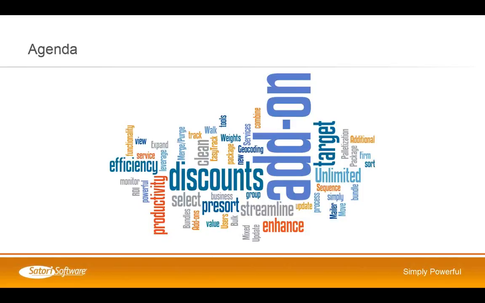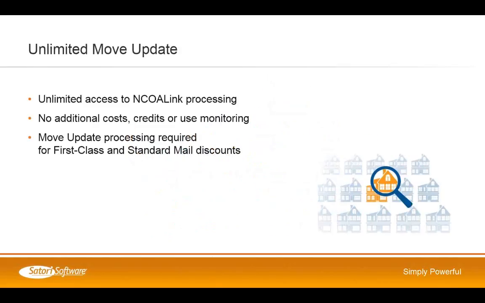We don't have a lot of time and we have a lot of add-ons to talk about. So first, let's talk about probably everybody's favorite add-on, and that is our Unlimited Move Update add-on. For those of you who use NCOA link processing, which if you're a mailer today, you should be using, it's the easiest way to get move update information and keep your mailings compliant.